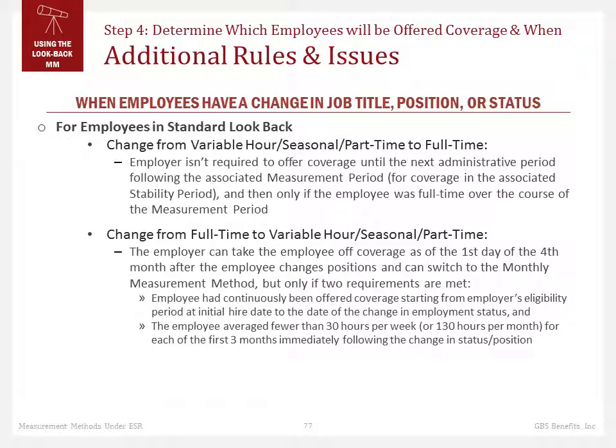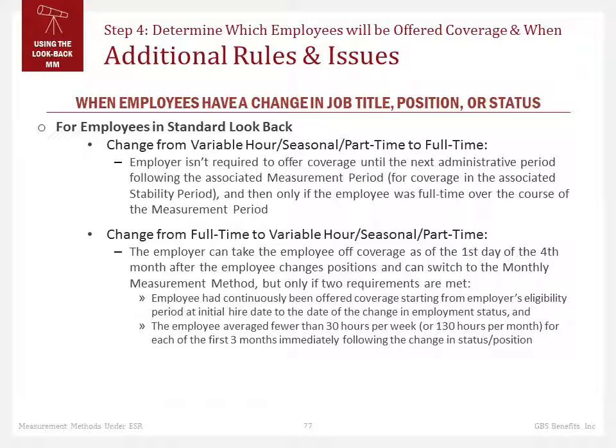And here's the rule: if you have somebody who has a change in job title, position, or status, and they're currently in the standard look back, you have a different set of rules. If the change is from variable hour, seasonal, part-time to full-time, you're basically just following the look-back rules. But if you have a change from full-time down to variable, seasonal, and part-time, there is a limited situation in which you can take them off coverage early before the end of the cycle.